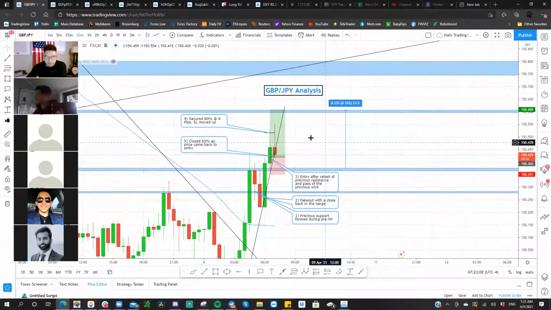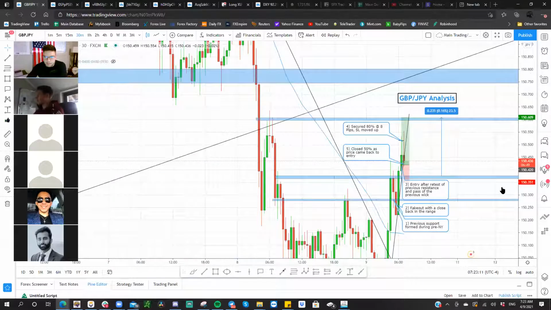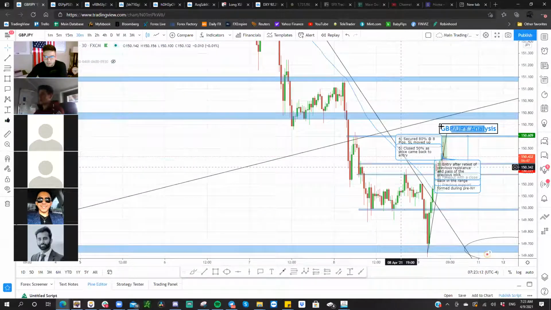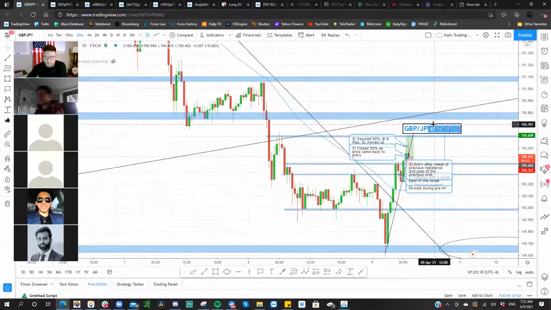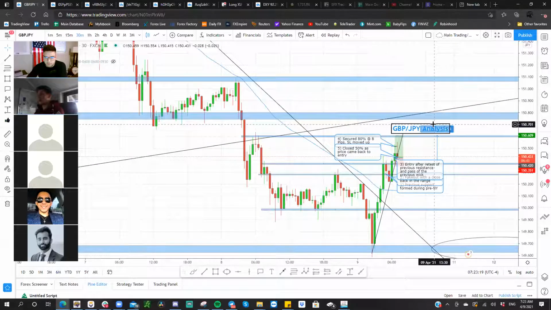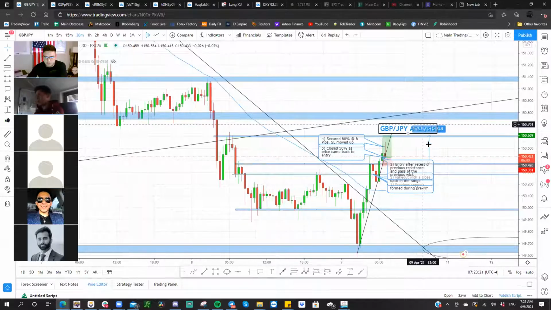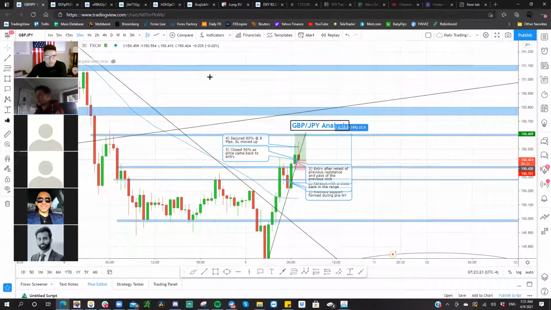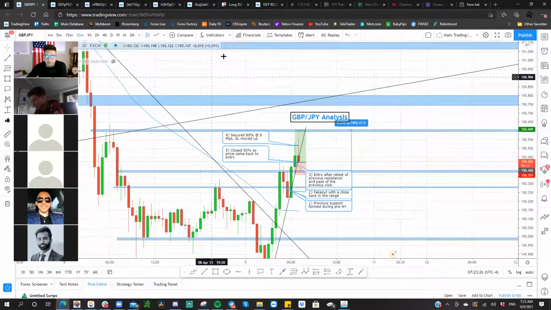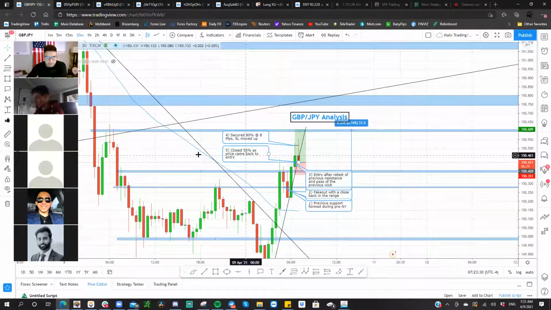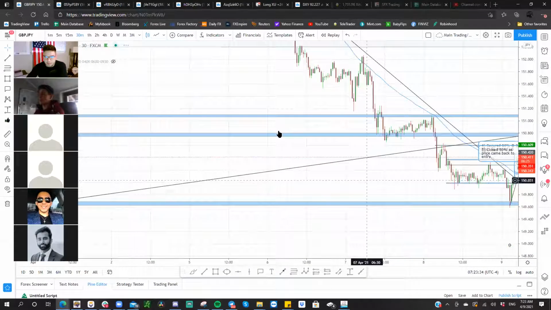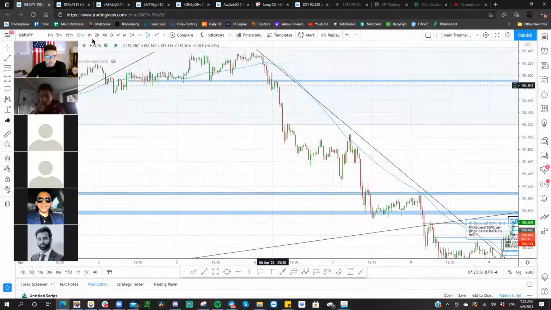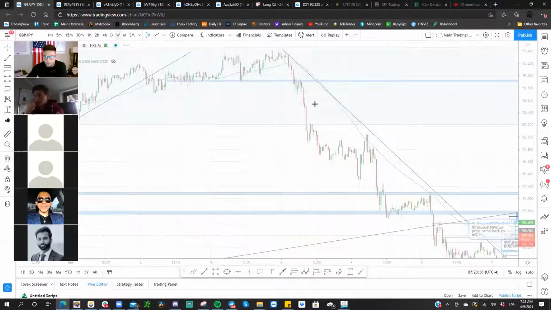But yeah, we should have both biases. Like I said, we should have some nice, clean moves for next week, depending on what happens. Now, I was pointing out during the Asian breakdown that the only reason I could see why this move happened was because of technicals, reacting to our levels up here.